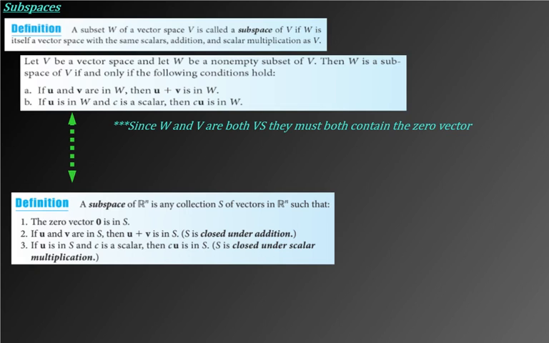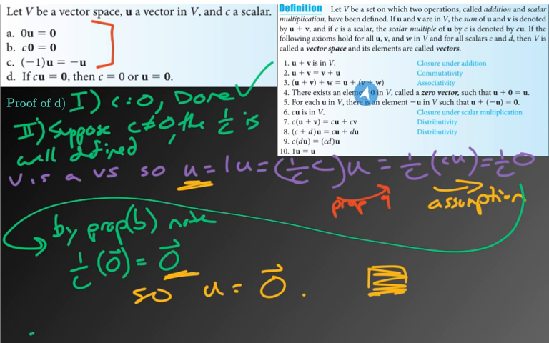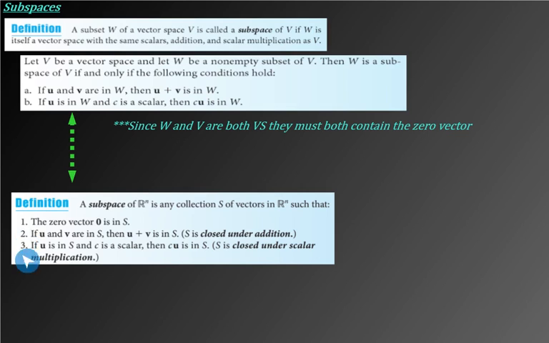And in these subspaces, you still need these closure properties. Because it's a vector space, it has to have, like right here, property 4, the 0 vector. So you'll notice that here there are 3 conditions and here there are only 2.